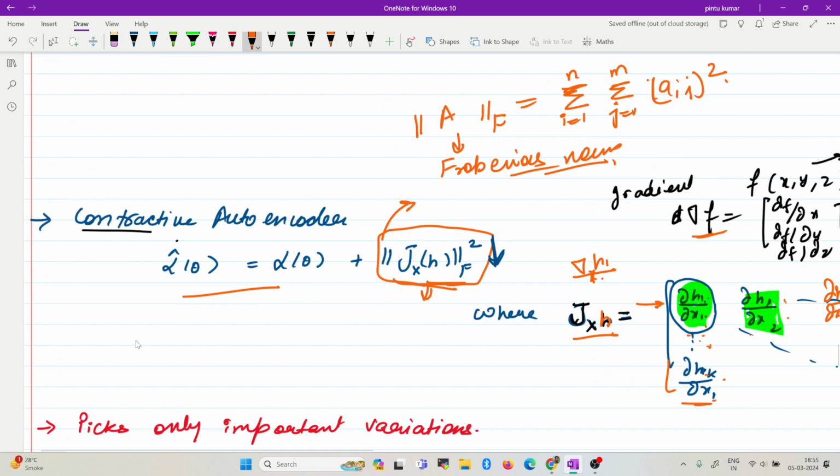Another thing is, let's say this L theta term was missing, and we had only this second term with us. What would it do? If we want to minimize this thing, it will try to find the intermediate feature that we have.